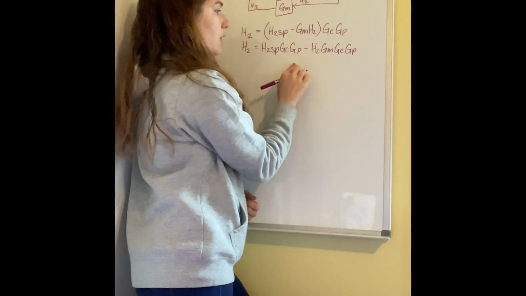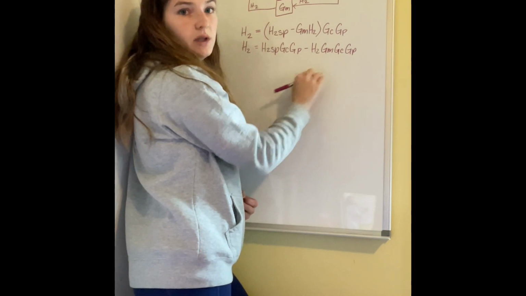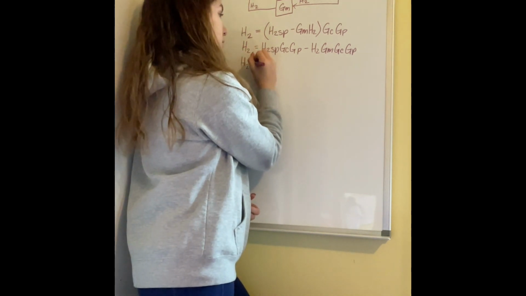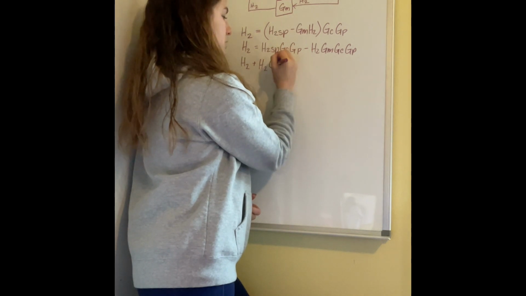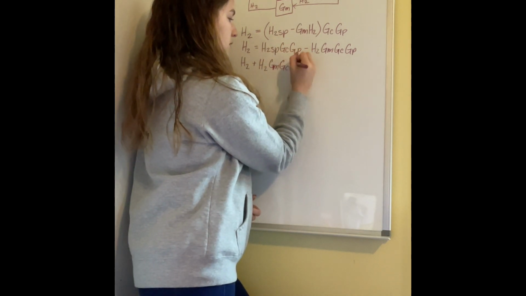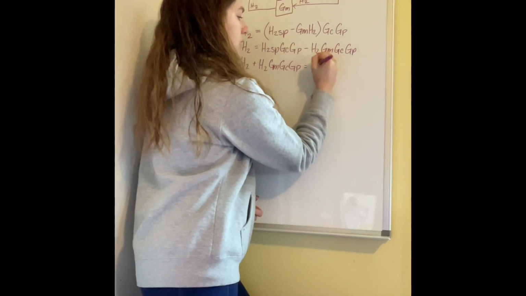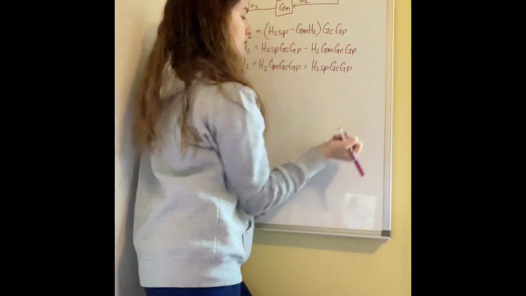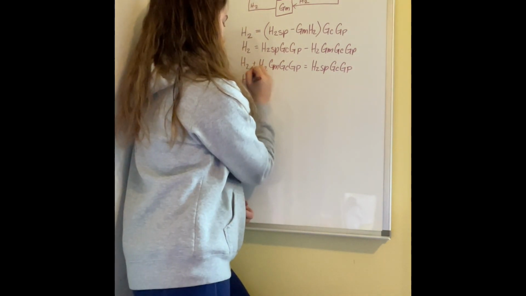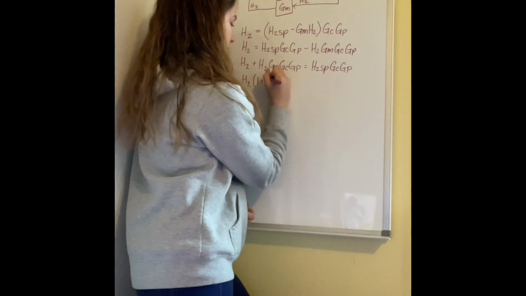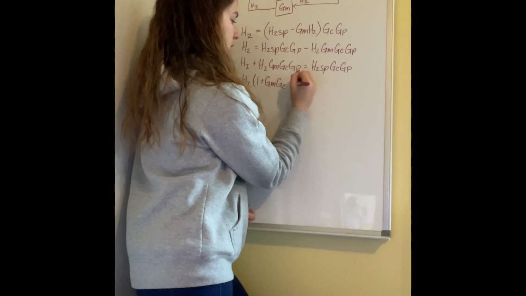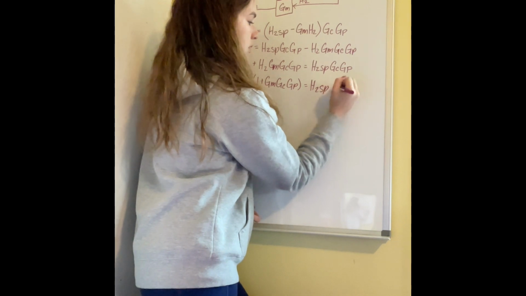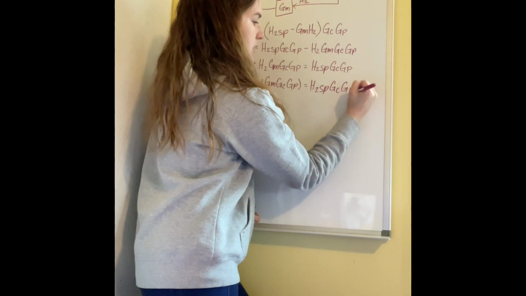So now we can move our H2, GM, GC, GP to our other side to isolate our H2 variable. So we're going to have H2 plus H2, GM, GC, and GP is equal to our H2 set point times GC and GP. So now we can pull H2 out from this side, and we'll have H2 times 1 plus GM, GC, GP is equal to our right-hand side, H2 set point times GC times GP.